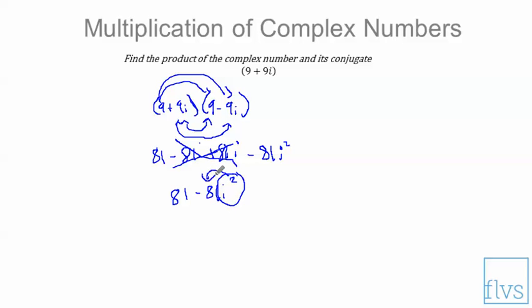So instead of 81 minus 81i squared, it's going to be 81 plus 81. And you end up with 81 plus 81, or 81 times 2, however you want to look at it, which is 162. So that's algebraically why it happens. I'm not going to give you the trick or the tip, but take a look and see if you could figure out how you could have done that a little bit easier now that you know how the conjugate works and why it mathematically works out the way that it does.